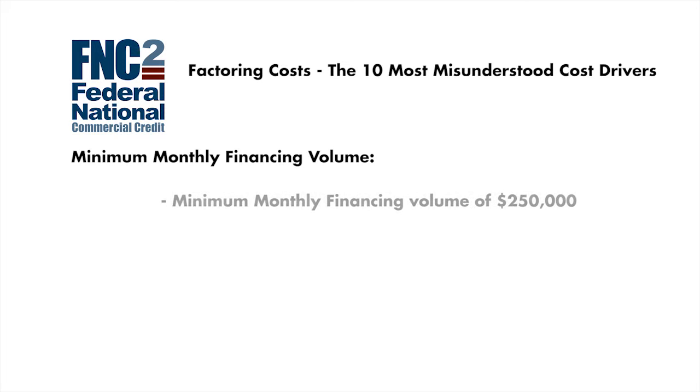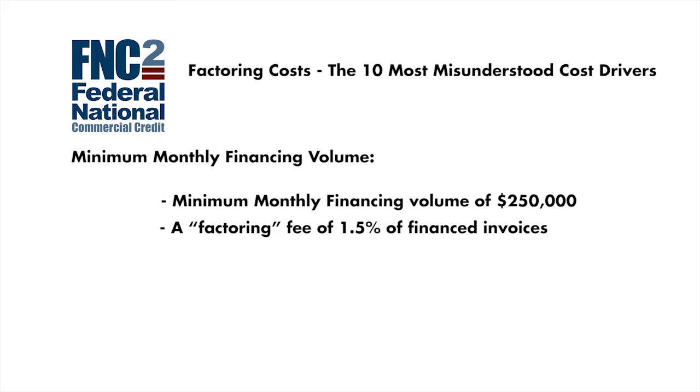If we had a minimum financing volume of $250,000, that was the minimum requirement, that you finance $250,000 each month, and there was a factoring fee of 1.5% of financed invoices specified in your contract. But your actual finance volume is $150,000, not $250,000. You have a slow month, you didn't do as much work, you only bill $150,000 that month.